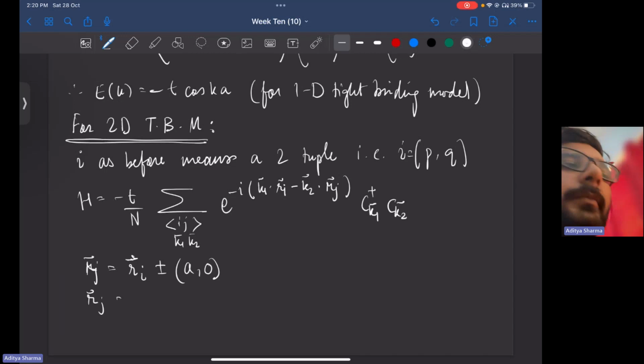And it is also in the y direction. This is in the x direction, y direction. It's the same thing.